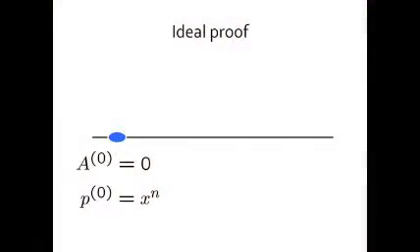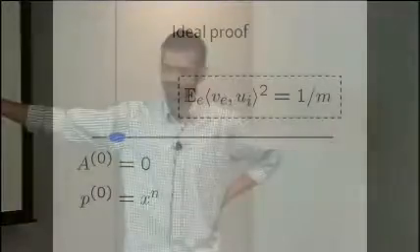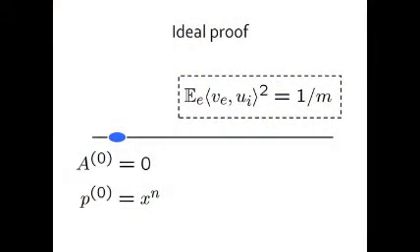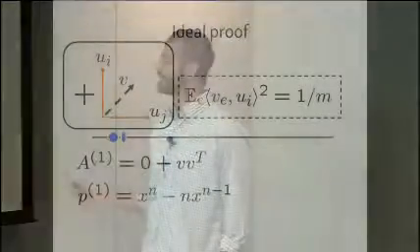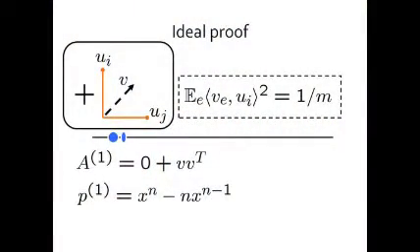But suppose I was in some dreamy situation where this was actually true. Then what would happen? So I start with a zero matrix, and I keep track of the characteristic polynomial, which is x to the n initially. And I know that the random vector has the same projection in every direction. So suppose I magically have this balanced vector that actually has the same projection in every eigendirection.